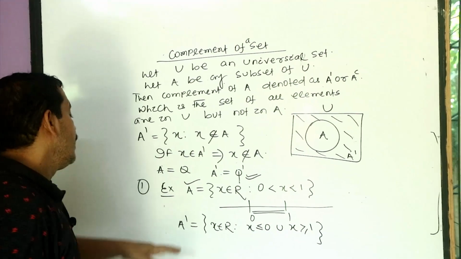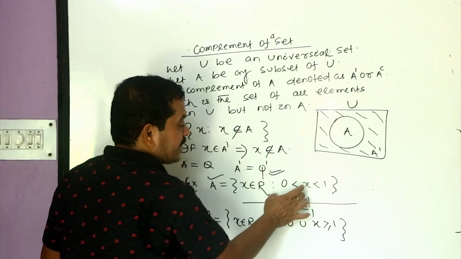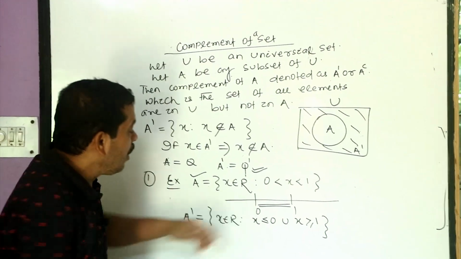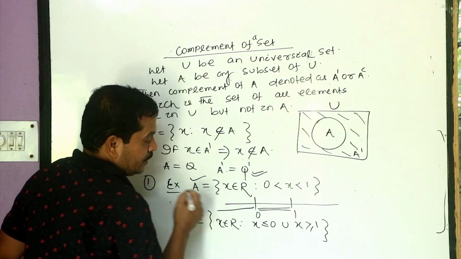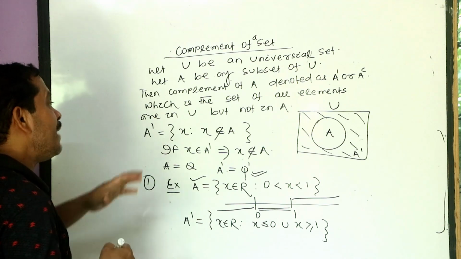This is the complement of set A, meaning all the real numbers except those between 0 and 1. That is known as the complement of a set.